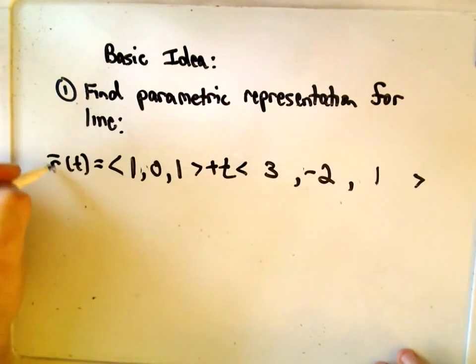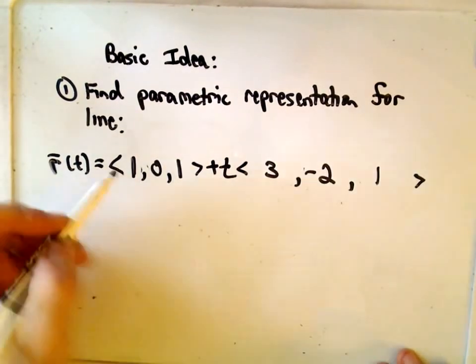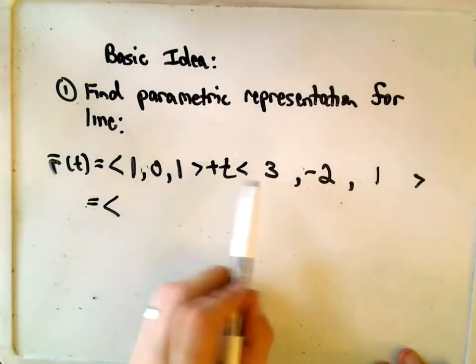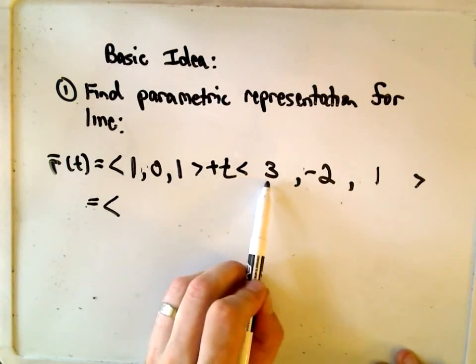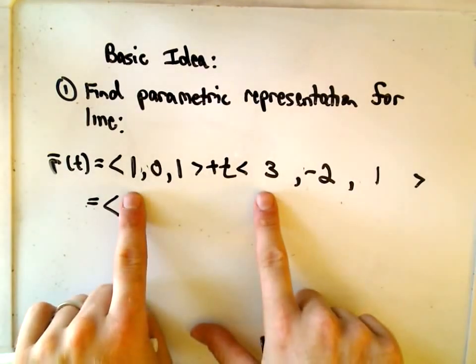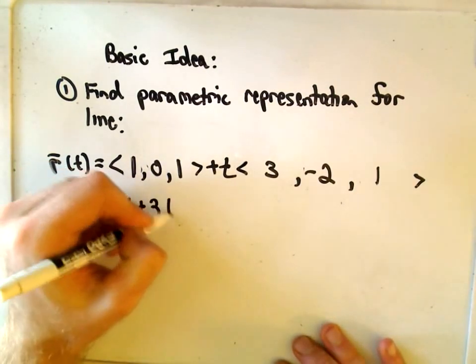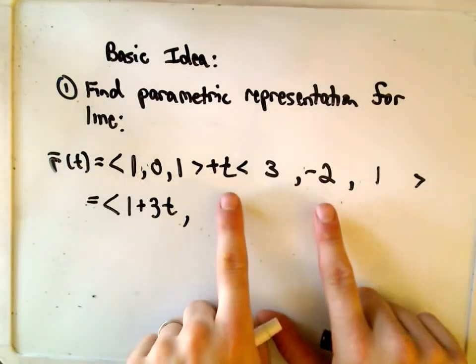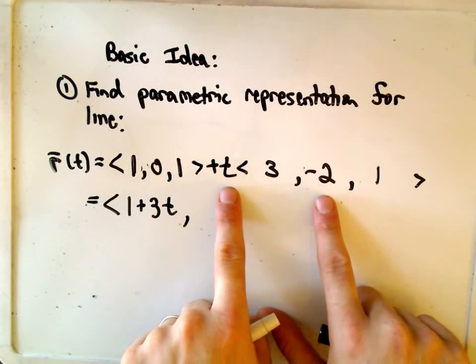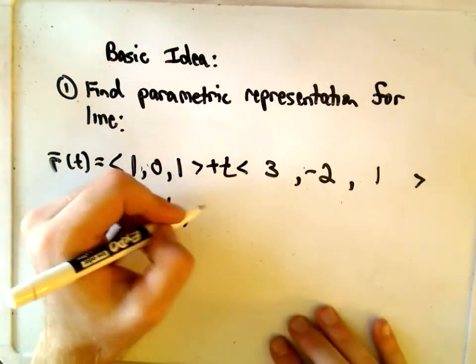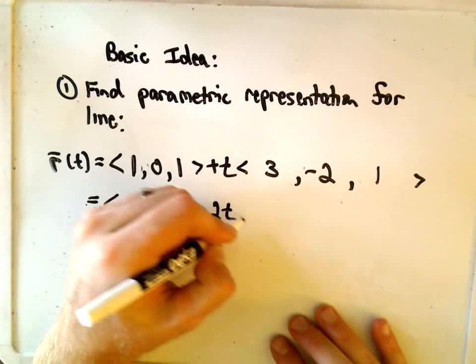So let's clean this up, make it look a little bit prettier. Okay, so we could write this again. We distribute the t and then we add respective components. So we would get t times 3, which is 3t. And if we add the first components, we would simply get 1 + 3t. For the middle component, we would get -2t + 0, which is simply -2t.